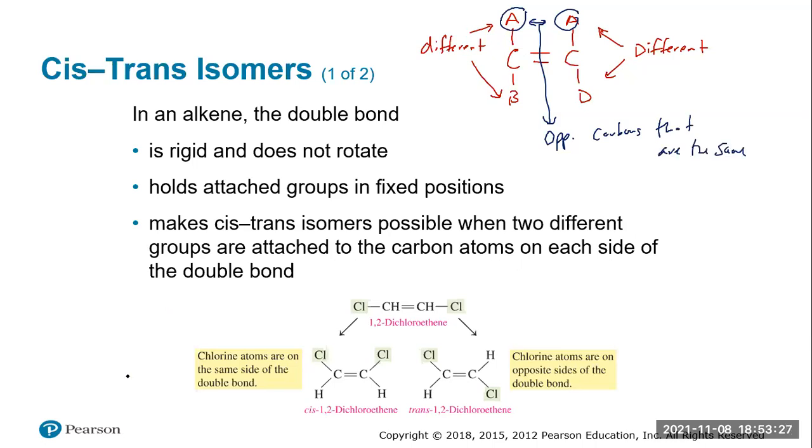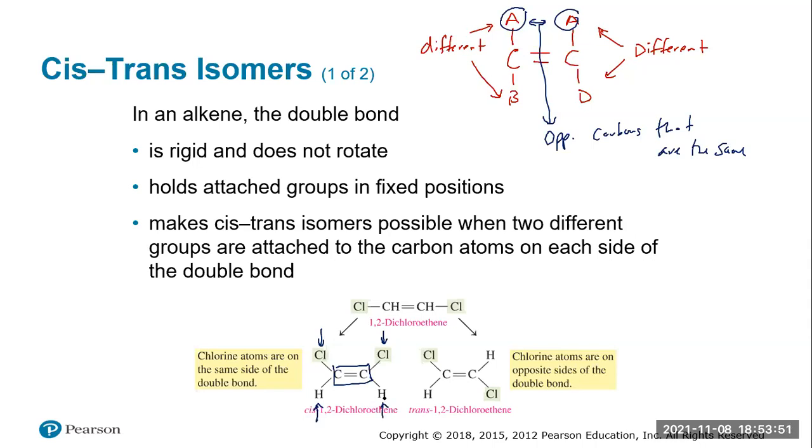So let's take a look at a couple of examples I got on the bottom here. Here we go. We have our double bond, which is what you want to focus in on. When you focus in on the double bond here, the first thing you want to check is: is this guy and this guy different? The answer is yes. And we want to check this guy and this guy. Are they different?